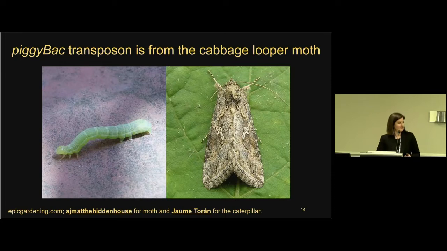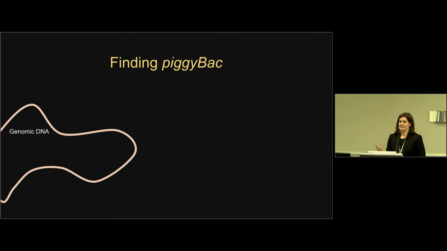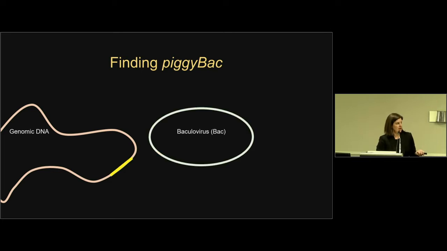They're really annoying. But fortunately for us, someone took cells and made a cell line out of that moth, and the genomic DNA of that cell line had a sequence in it, and that sequence hopped into a baculovirus. So that's where the name piggyBac comes from, the hopping into a baculovirus.